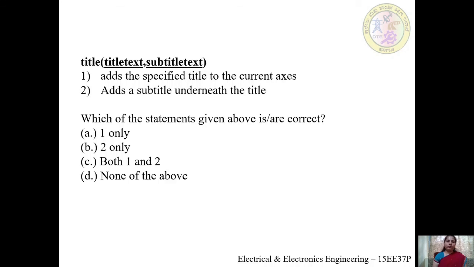Both are true because it is going to add the specified title to the current axis, whatever we have given within brackets as title text. It will also add the subtitle text mentioned within brackets. So both are correct, so the correct choice is C.